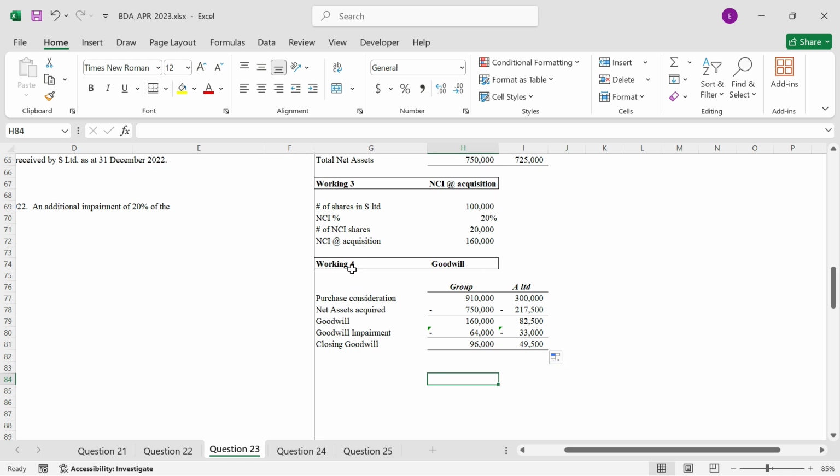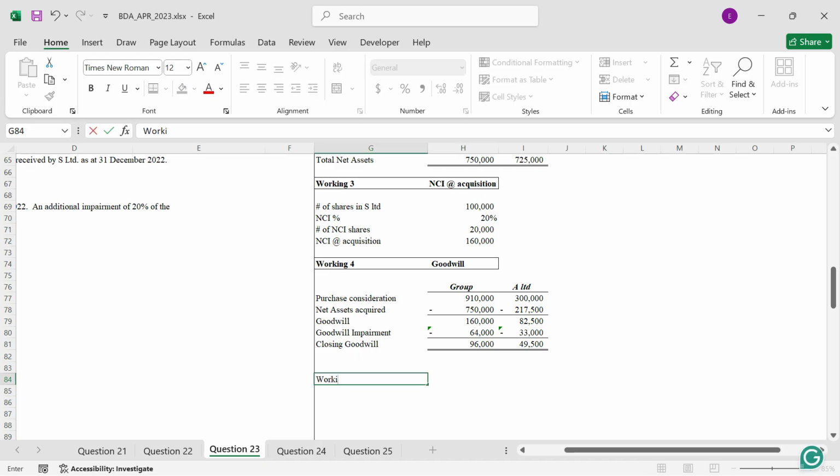First calculation, I want the depreciation of fair value gain. So 125 fair value depreciation.